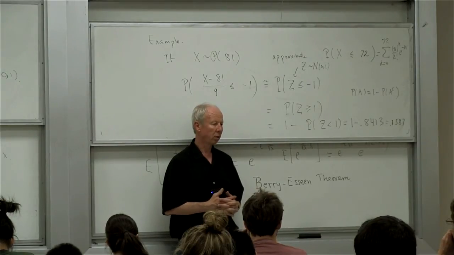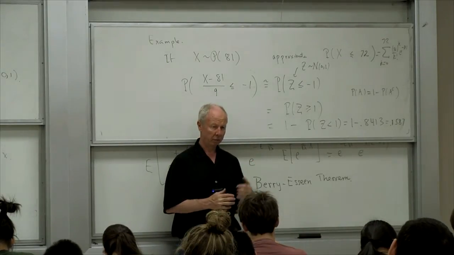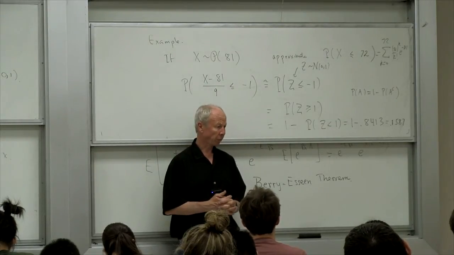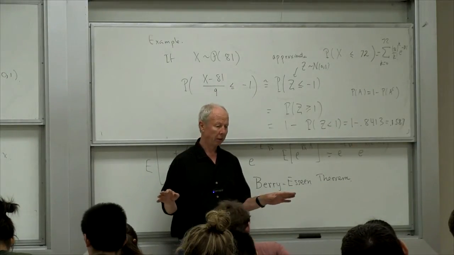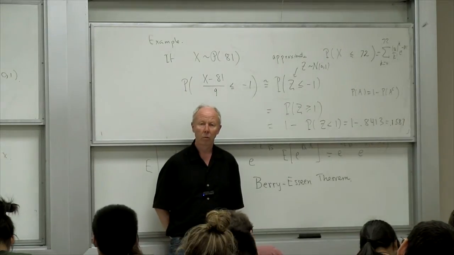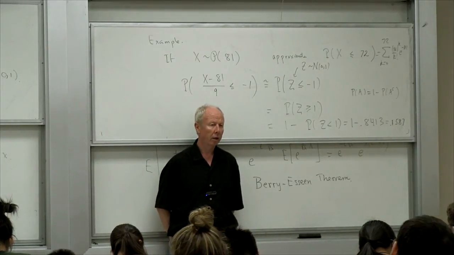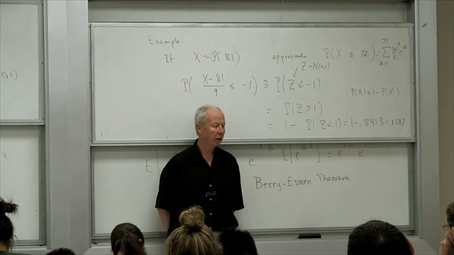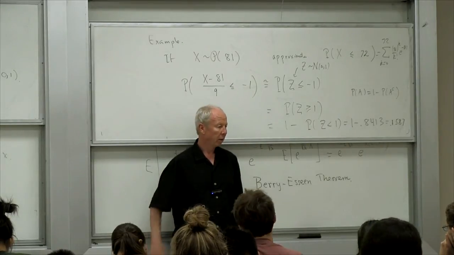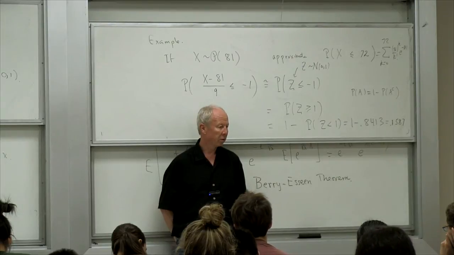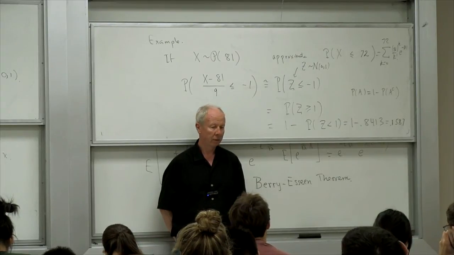Yeah, so for things like binomial, it's quite good. If the random variable has density that's non-zero out at infinity, then it becomes less good. Yeah.